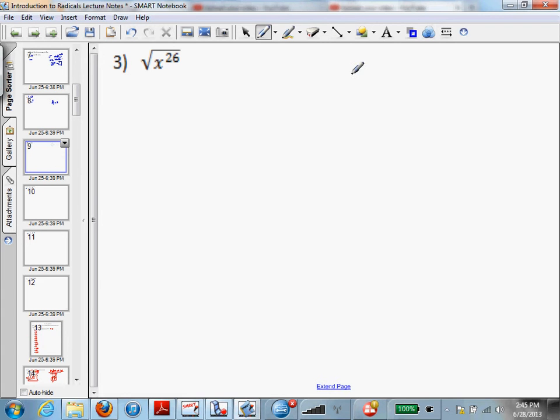With x to the 26th, let's take our exponent and divide it by the index, which is 2. So 26 divided by 2 is 13. So we can pull it out now as our base of x to the power of 13.